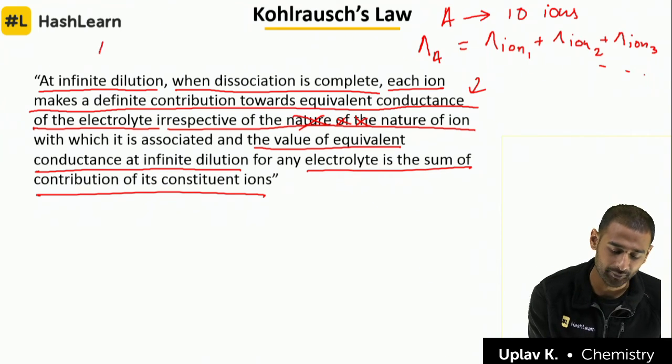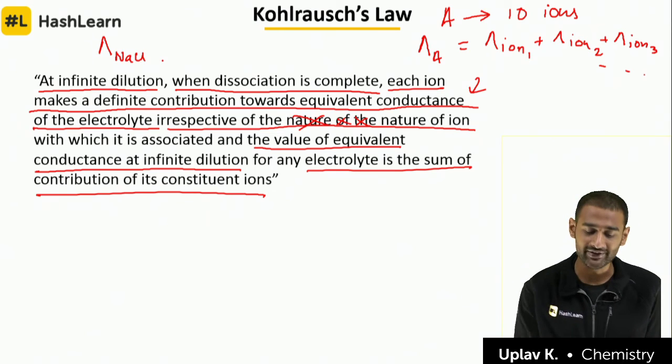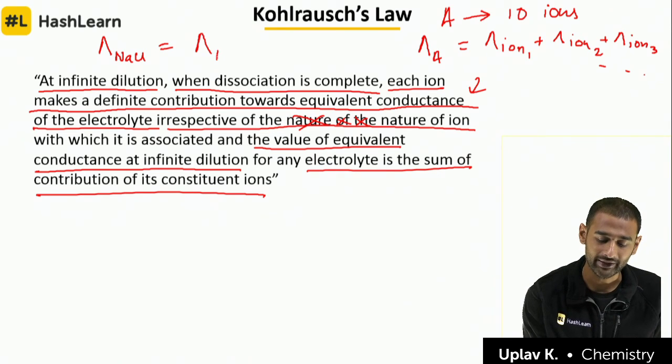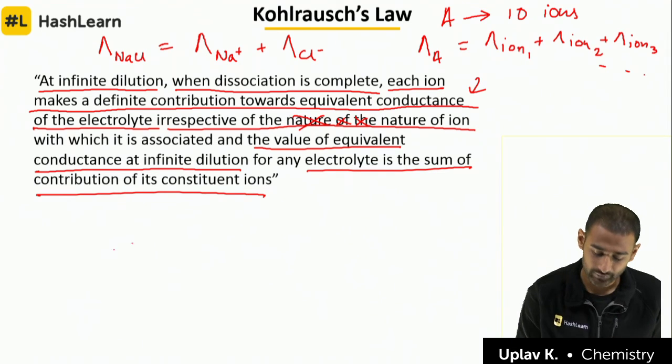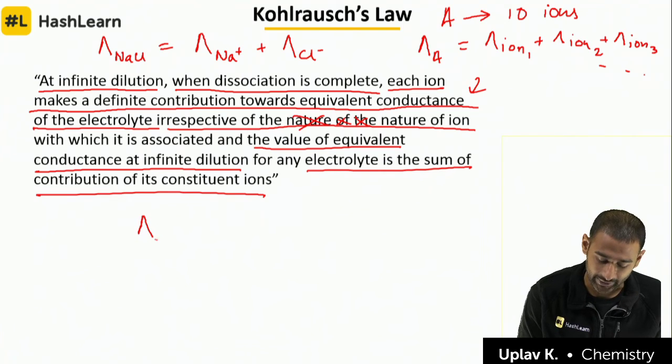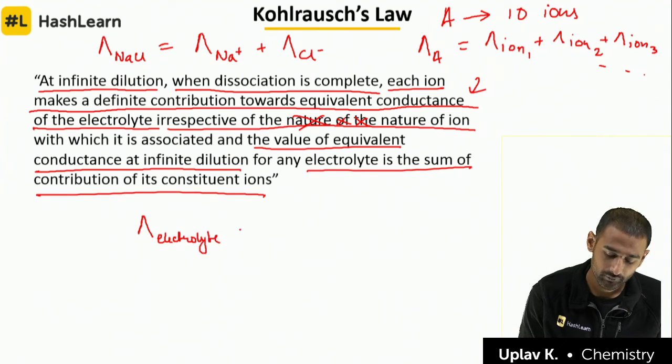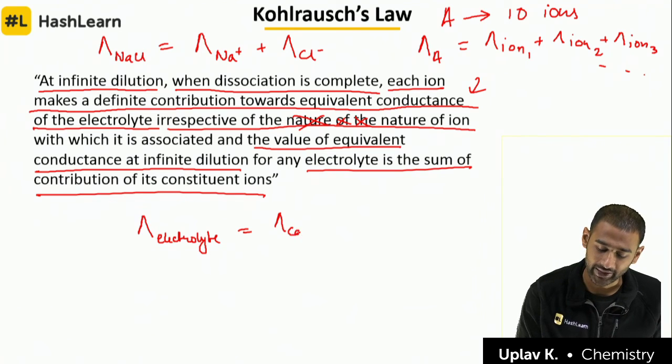It simply says that if I suppose NaCl, okay, so the conductance of NaCl will be equal to conductance of Na plus plus conductance of Cl minus, right? So I hope this thing is clear with everyone. So I can write this thing as the conductance of an electrolyte is equal to the conductance of the cation plus the conductance of an anion.